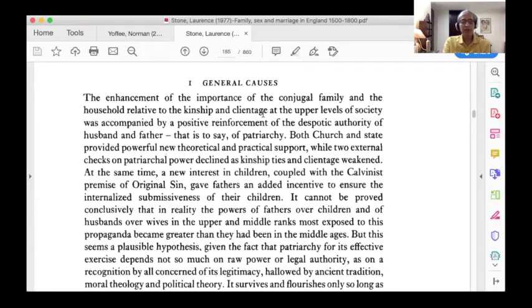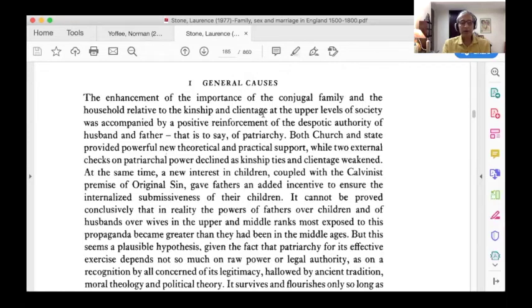Both church and state provided powerful new theoretical and practical support, while two external checks on patriarchal power declined as kinship ties and clientage weakened. At the same time, a new interest in children, coupled with the Calvinist premise of original sin, gave fathers an added incentive to ensure the internalized submissiveness of their children.